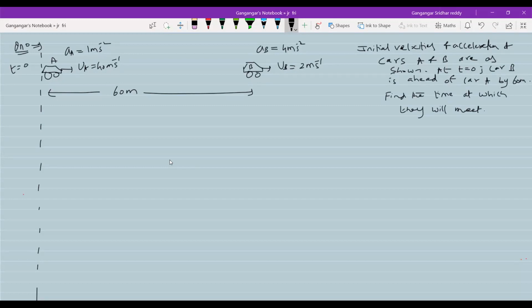So straight away, you have to just get into that formula, nothing big. It's asking to find the time at which they will meet. So the same, the relative equation of motion.